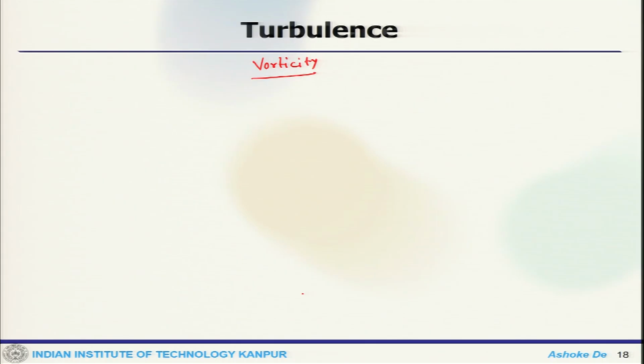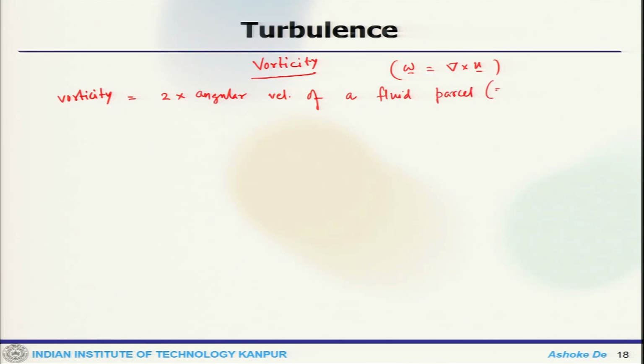The definition of vorticity says omega equals del cross u bar, which means the vorticity is 2 times the angular velocity of a fluid parcel, that is, a small fluid volume.